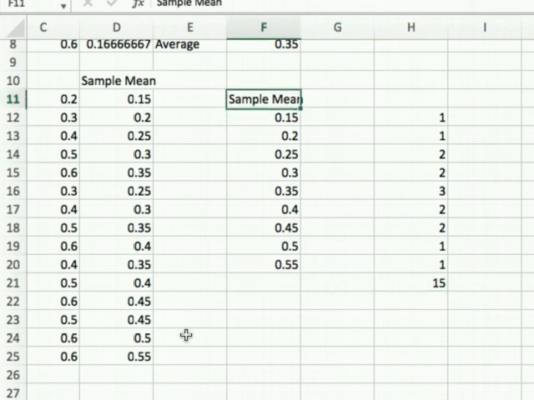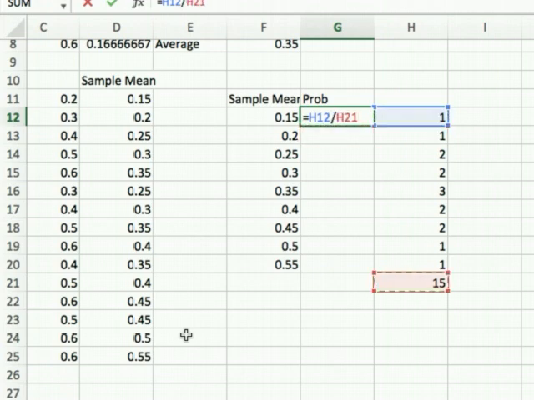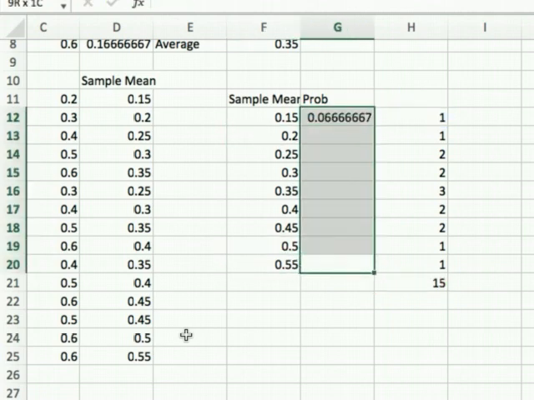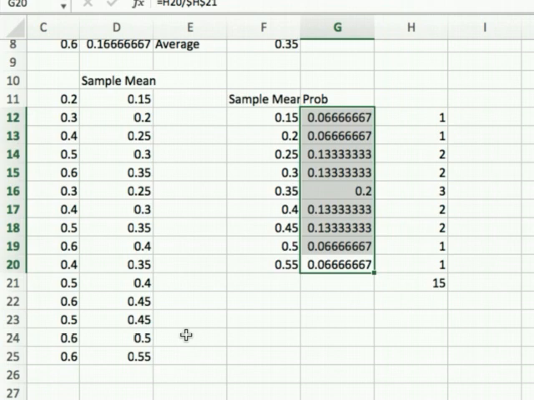means. Now, in order to get the probability of each sample mean, we can simply compute for the relative frequency. So that's just the frequency for each value of x bar, or the sample mean, divided by the total number of sample means, which is 15. So doing that for all the possible values of the sample means, we will get the following probabilities.